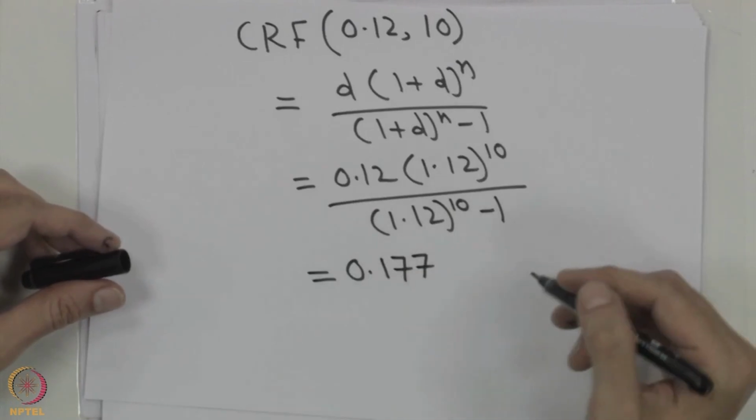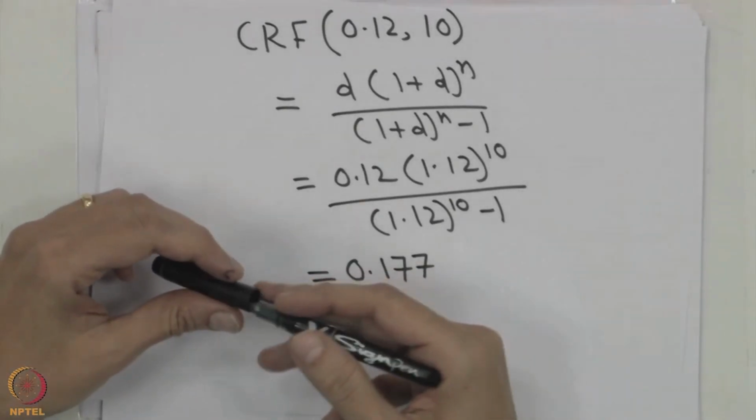What is this 0.177? Just to give you an idea, let us think in terms of investing 1,000 rupees in an equipment or a project which has a life of 10 years, and the company or the individual making the investment has a real discount rate of 12%. This will mean that 1,000 rupees is equivalent to an annualized investment of 177 rupees each year over the life of the equipment.